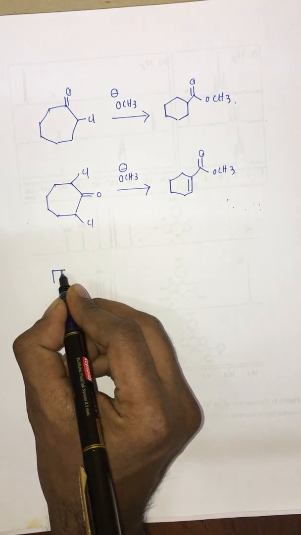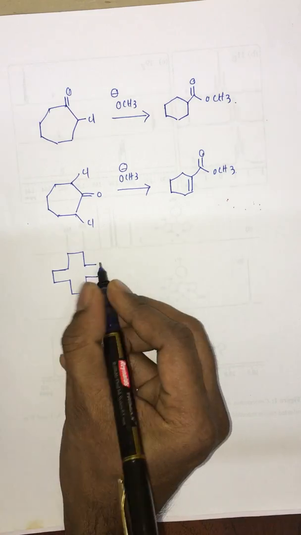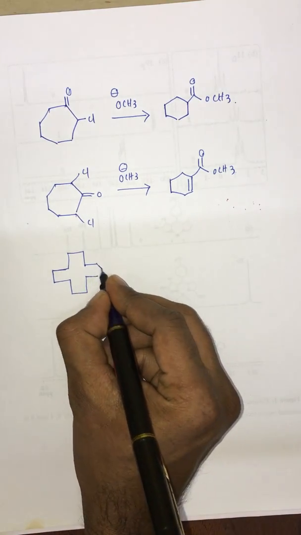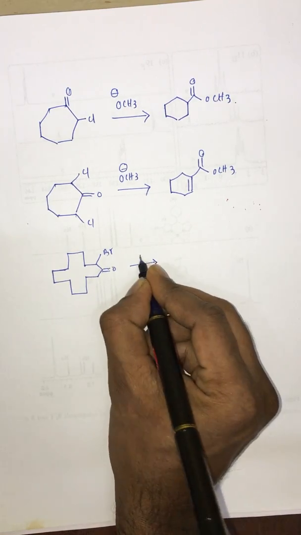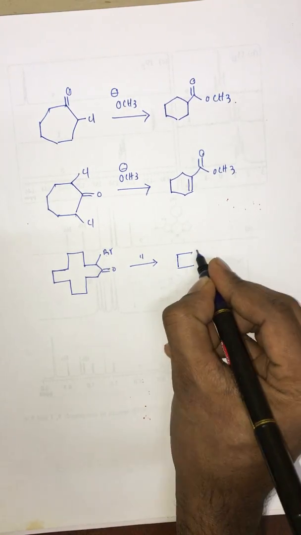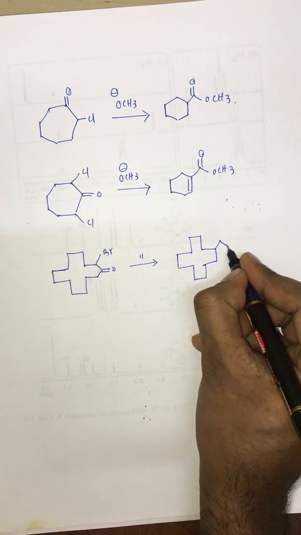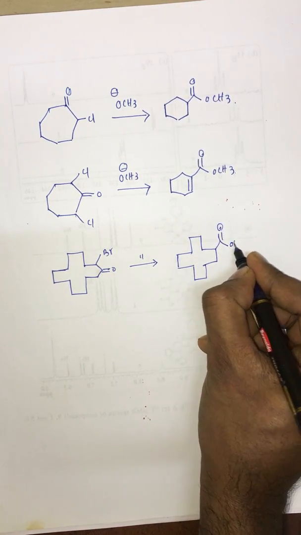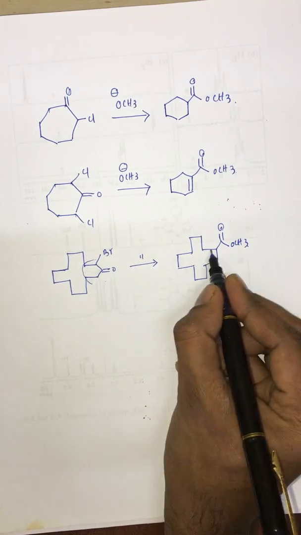And then this kind of compound gives this as a product. Here also a 5-member ring is converted into a 4-member ring.